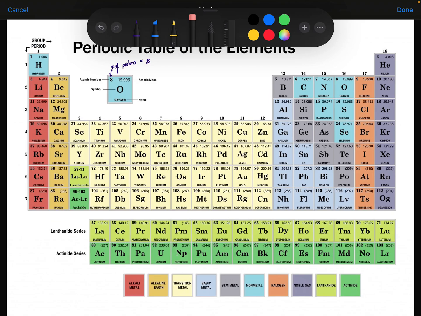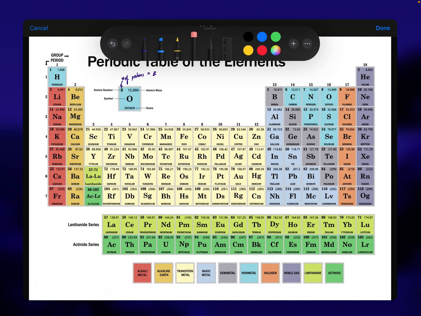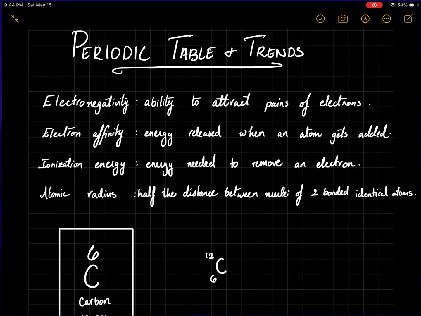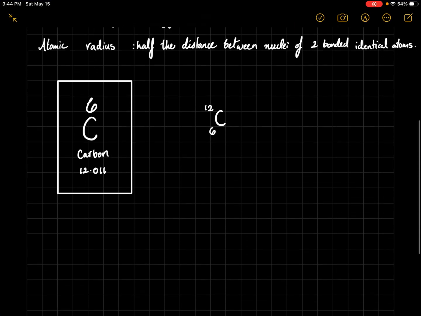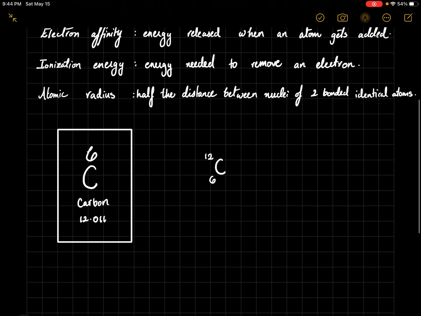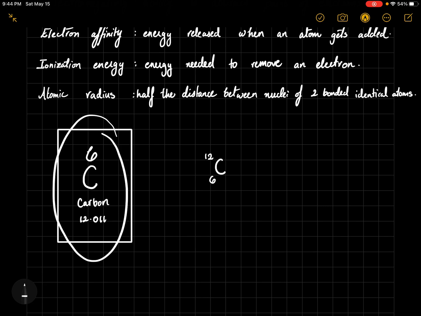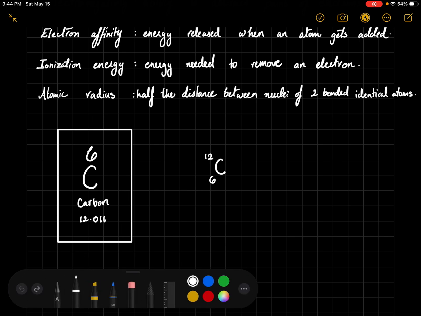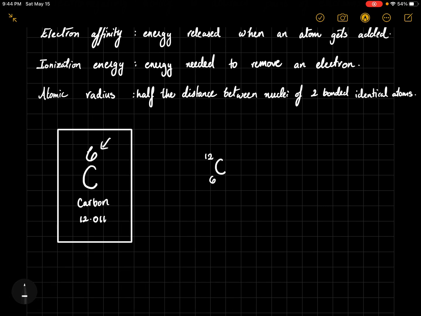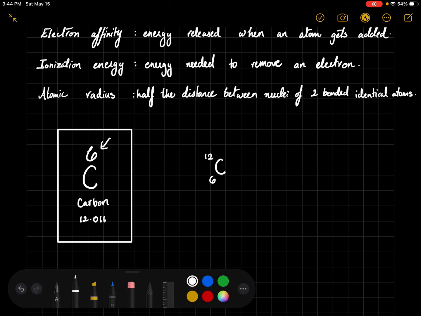Alright, now let's go back out to the image right here. We just saw an image of reading the periodic table. We know that's going to be our number of protons, or our atomic number.